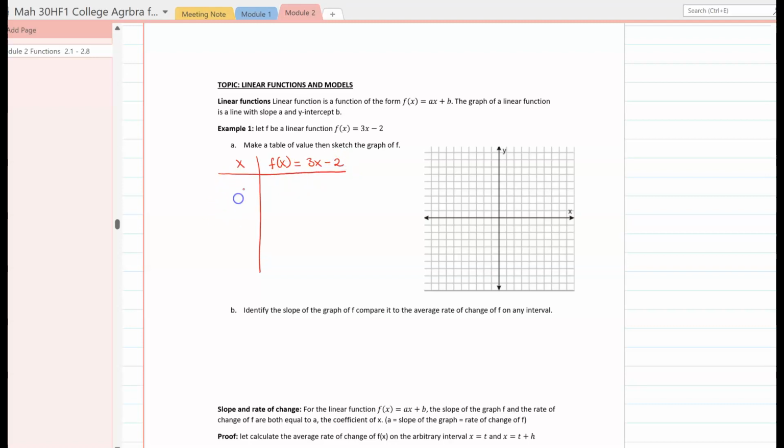So I'll pick this value for the x. So I first order pair -2, -8. Zero, -2, 2, 4, and I will connect the line.